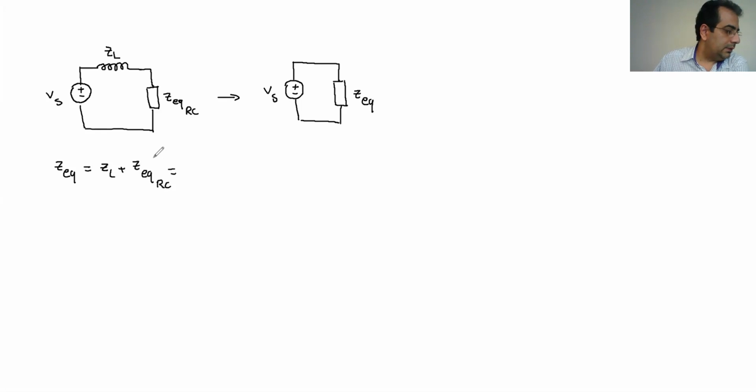For the ZL, we know the Z for L was J100.